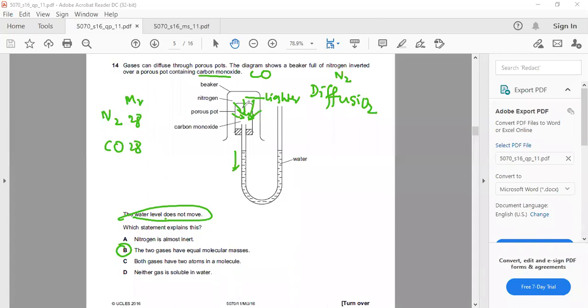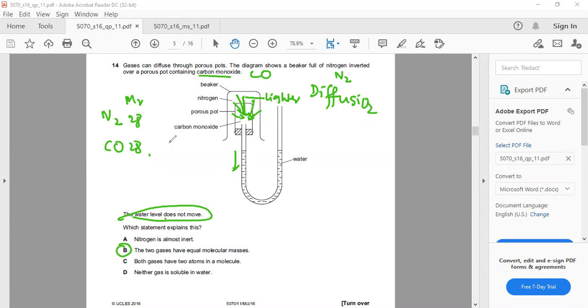But if both have similar MR, so both rate of diffusion will be similar, nothing will happen to the water level. Okay? If both gases have similar masses, then they have equal pressure in outside and inside. If molecule comes in and goes out, then it means nothing changes in the pressure. Both rate of diffusion will be same.